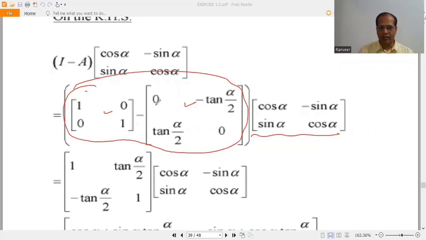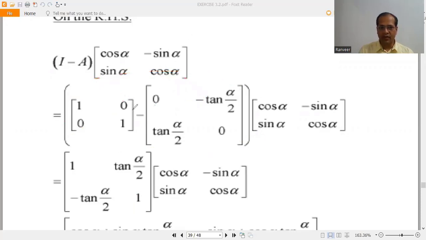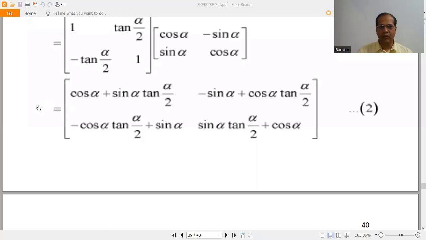So 1 minus 0, 1, 0 minus minus plus tan alpha by 2, 0 minus tan alpha by 2, and this is 1 minus 0, 1. So first of all, these two matrices we converted into one matrix, and this is the product format. Once we do the product, this is the value.